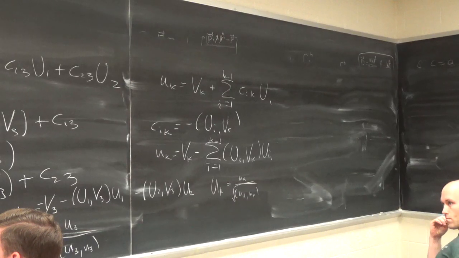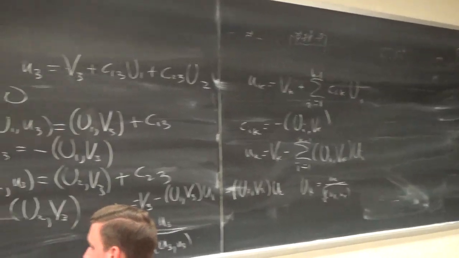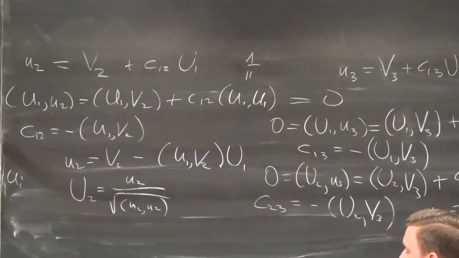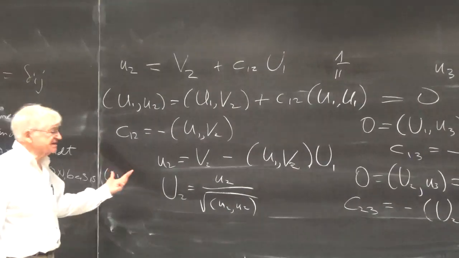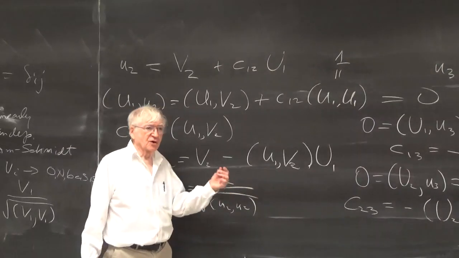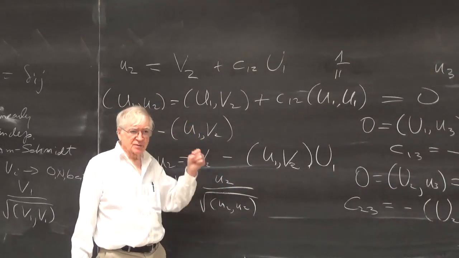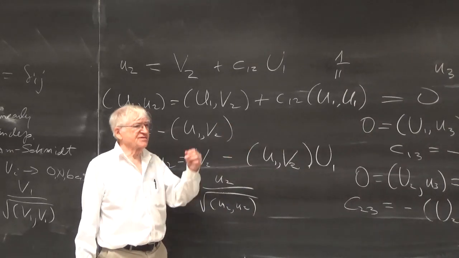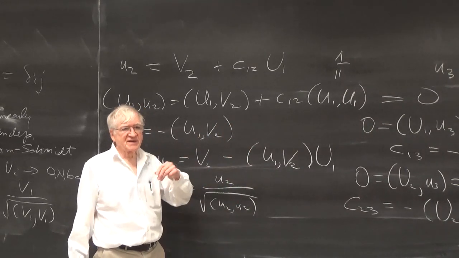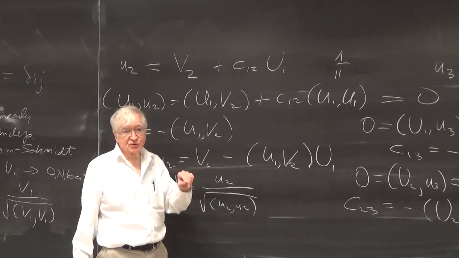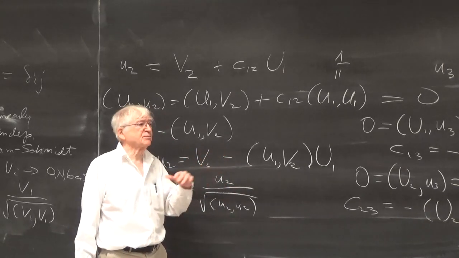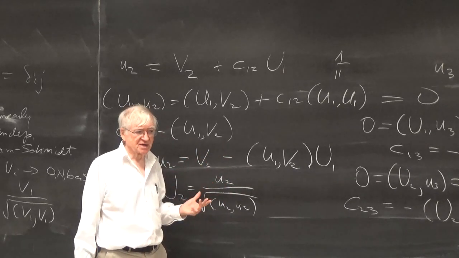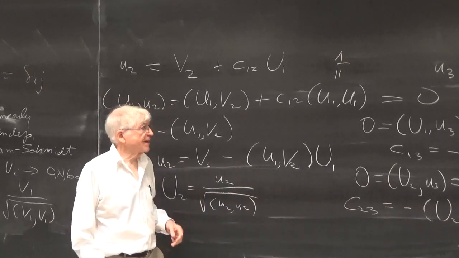If you take the original set of vectors, the v's, and instead of starting with v1, then v2 and then v3, you start with v4 and then do v1, then do v5 and then do v2 and so forth, you get a completely different set of capital U's. So you get a different basis.